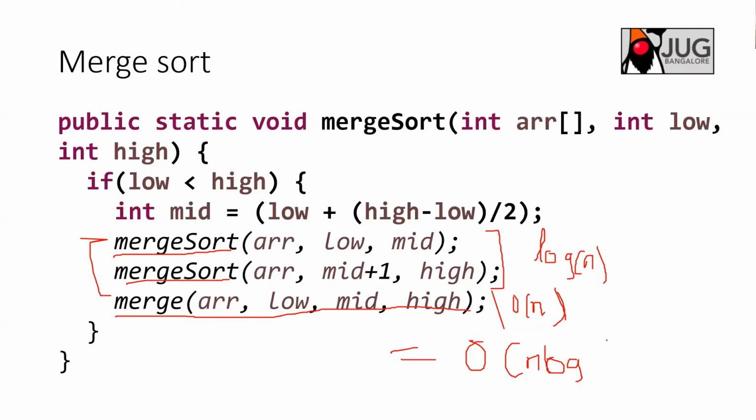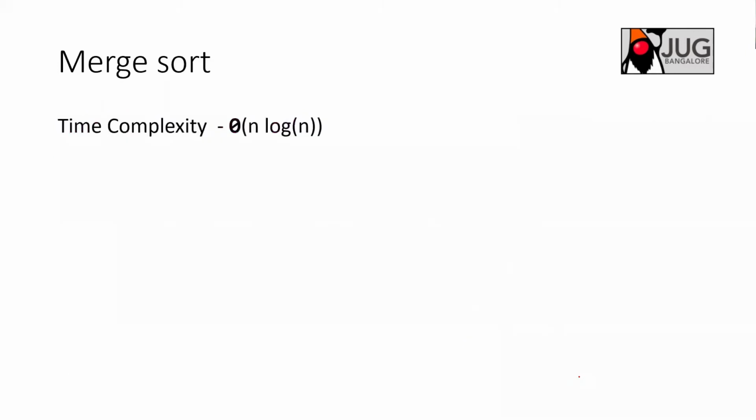I am ignoring the base because the base is a constant. You can convert any base, like base 2 to base 10, by multiplying or dividing with some constant number, then you can convert back. So constants are ignored in asymptotic notations. N log n.